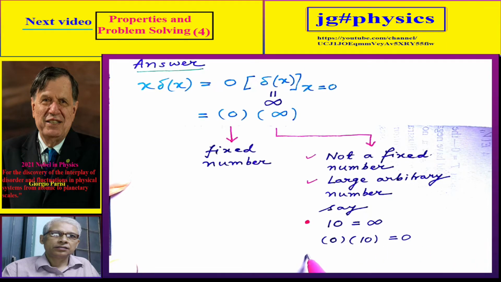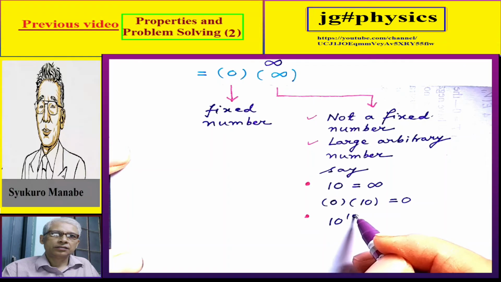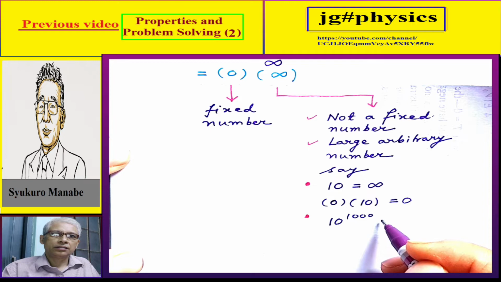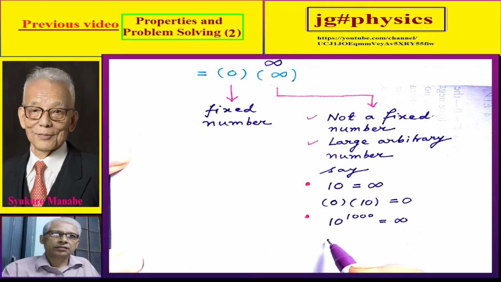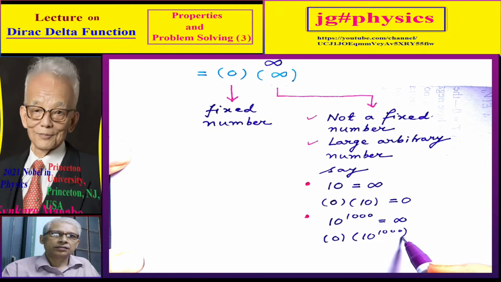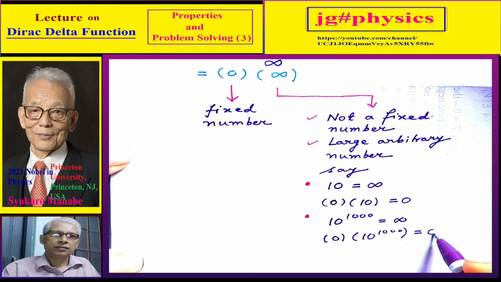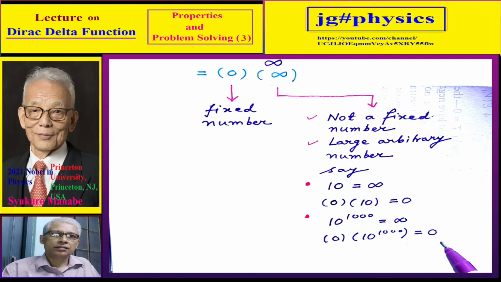Let us take another instance. Suppose we are smart enough and we count up to 10 raised to the power 1000, and we cannot count any more. We do not wish to count any more. So 10 to the power 1000 is infinity in our case, and 0 into 10 to the power 1000, which is infinity, is 0.